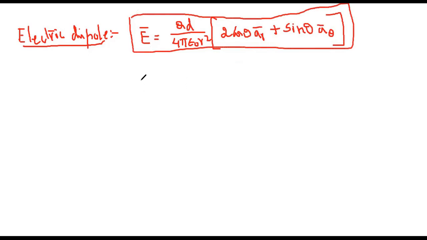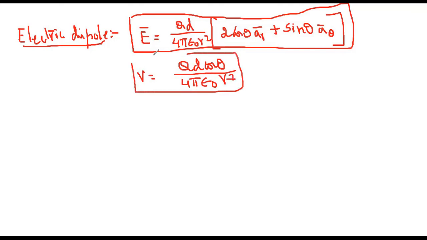Now, what is the potential? Potential V is equal to, for the dipole, QD cos theta by 4 pi epsilon naught R square, for the electric dipole.